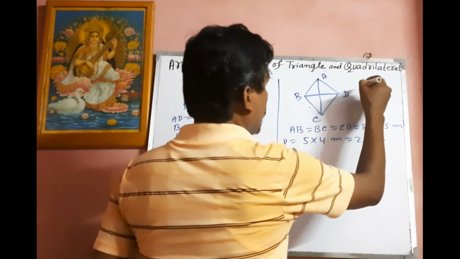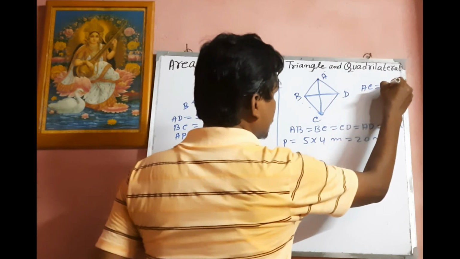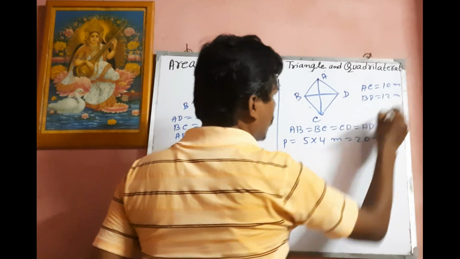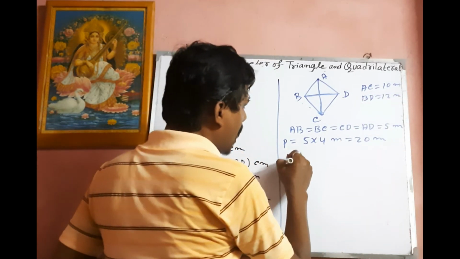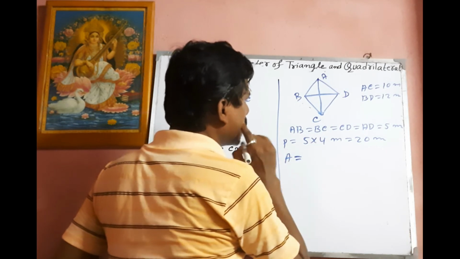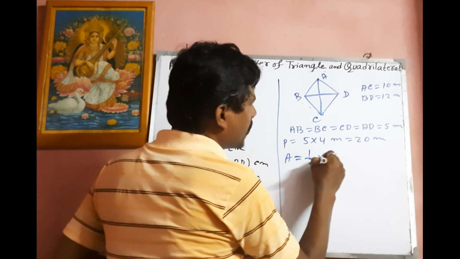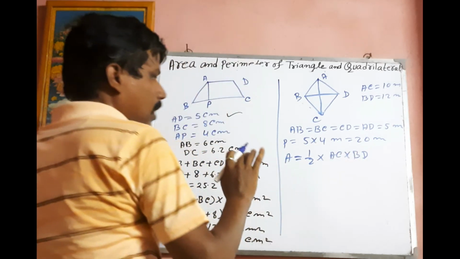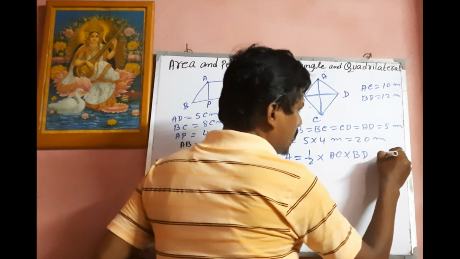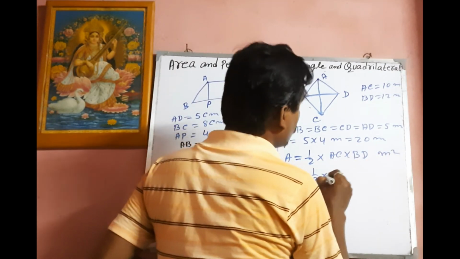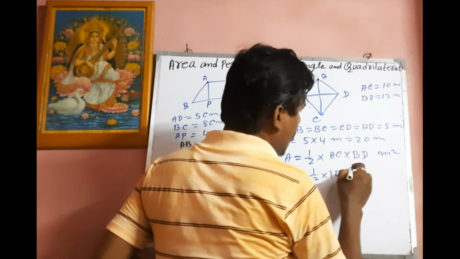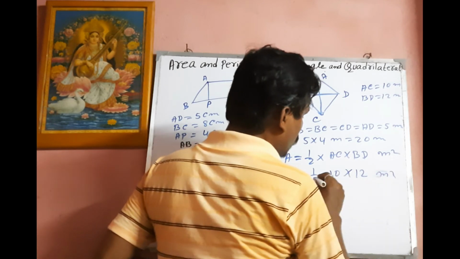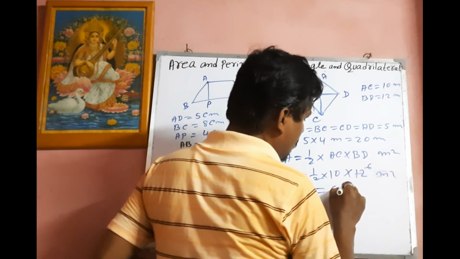And if we take AC as 10 meter and BD as 12 meter, then the area of the given rhombus is equal to half into AC into BD, that is half the product of the diagonals, and meter square. So half into AC, the value of AC is 10 and the value of BD is 12. So calculating, we get 60 meter square.